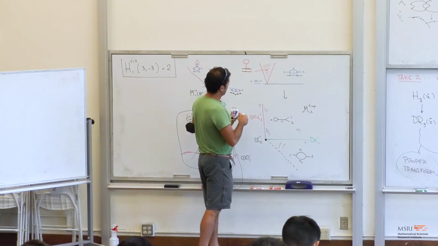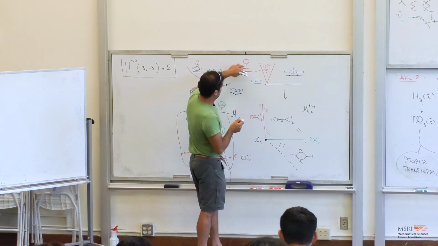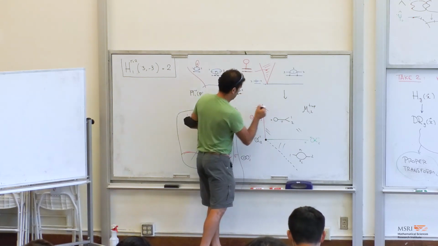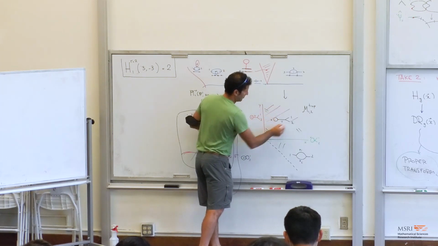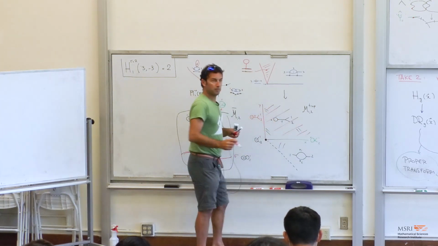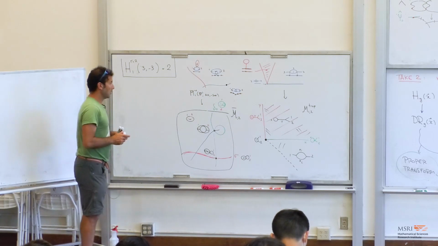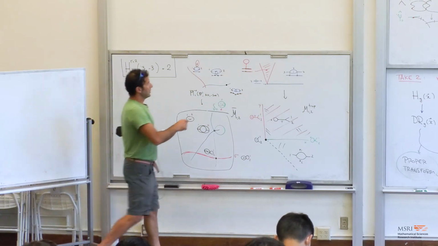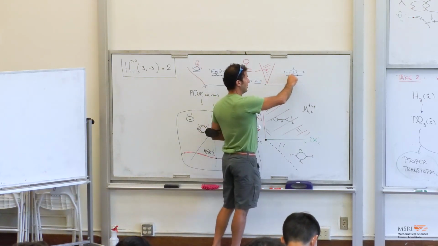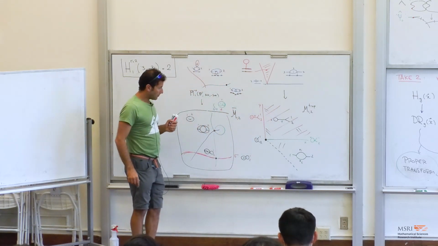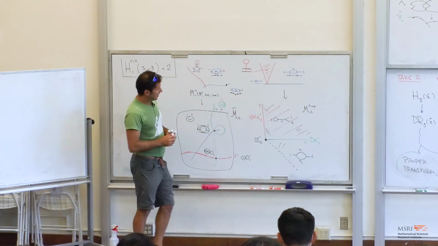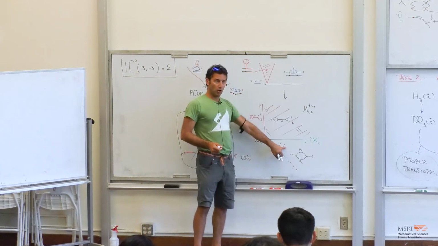So this red cone somehow gets mapped to this whole 2-dimensional cone. And this blue cone, this is a 1-dimensional cone, it's a ray, right? And this gets mapped inside this cone.